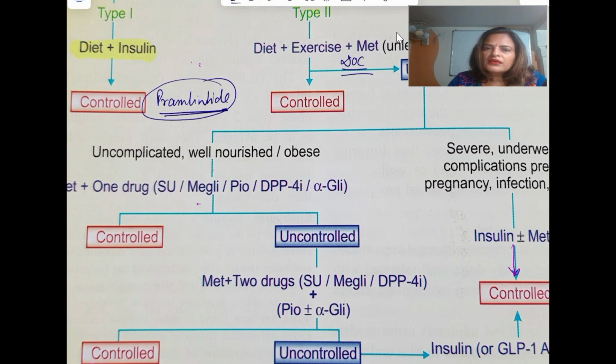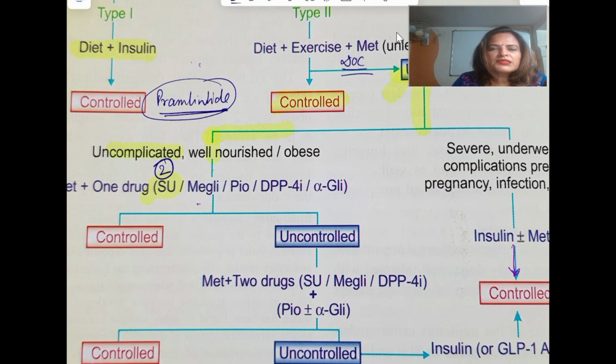And if it is controlled, it is okay. If it is not controlled, then what to do? If it is uncontrolled, this is the time when we have to add one more drug along with metformin. Which drug? The sulfonylurea group of drugs, they are the second choice.